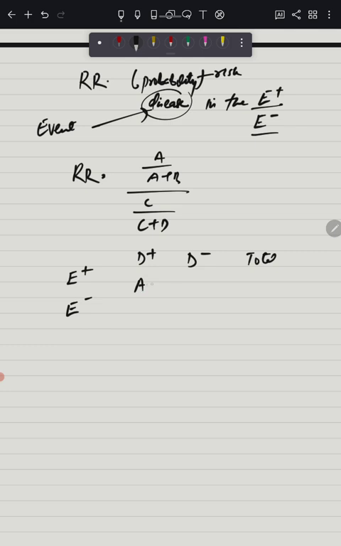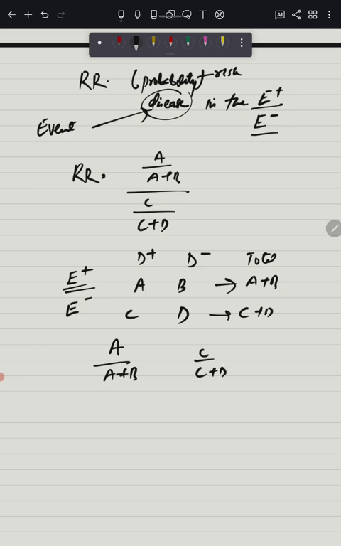So here A, B, C, D. Total is A plus B, and likewise C plus D. The risk of disease in the exposed is A divided by A plus B. Similarly, the risk of disease in the unexposed is C upon C plus D. When we compare these, we divide the whole, so we get the relative risk ratio.